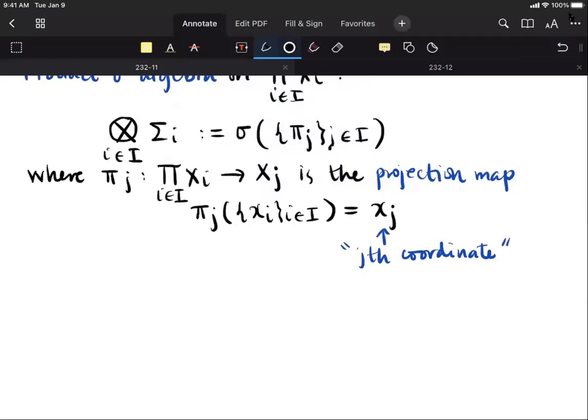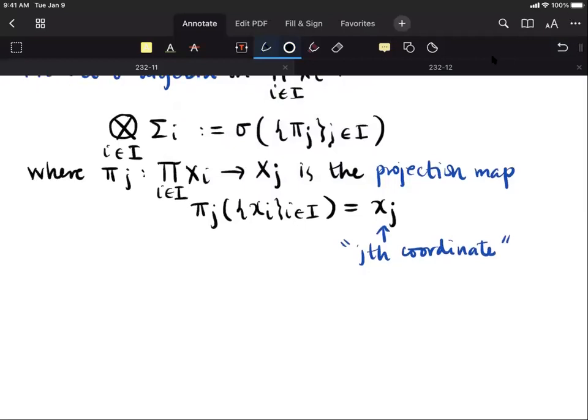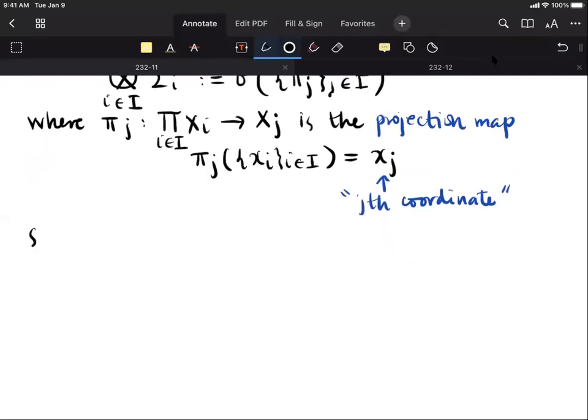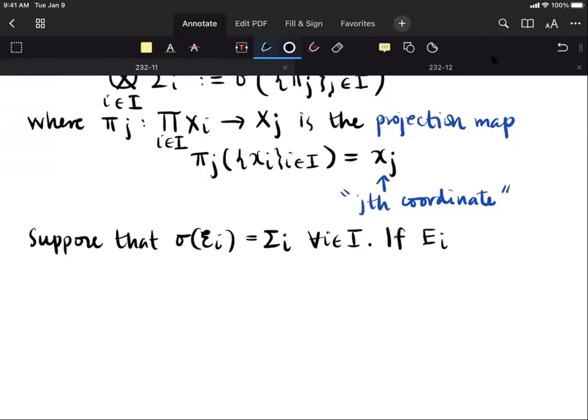So in terms of generators, suppose that E sub I generates the sigma algebra sigma sub I for all I in capital I. Now, if I have an element E sub I in the generator, then the inverse image can be written as the following Cartesian product.